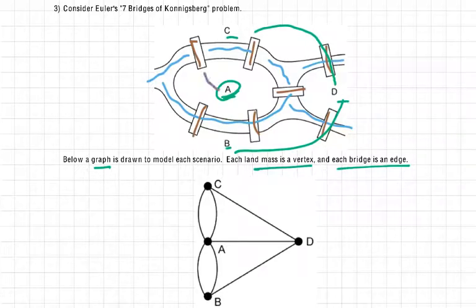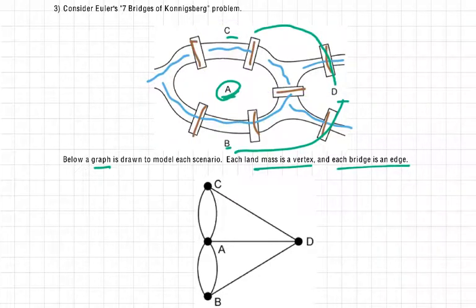Let's think about some possibilities. I could go over from A into C, from C into A, from A into D, and D into C, but now I'm stuck. I can't get back to A without crossing a bridge I've already crossed. Let's try something else.